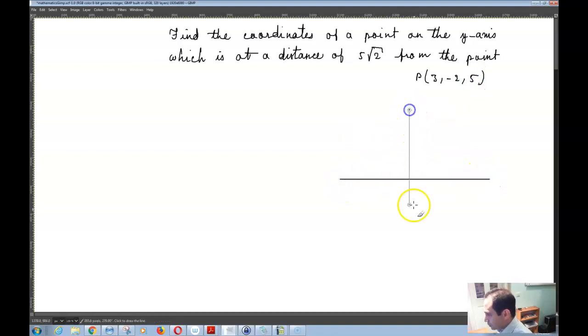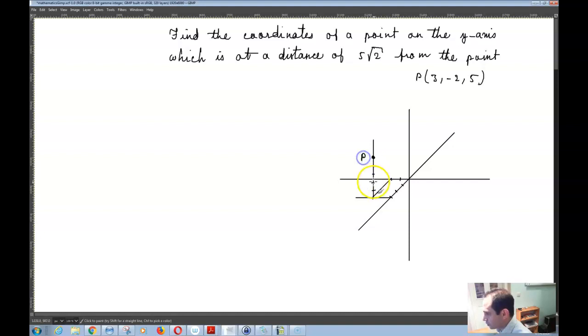Okay, so you have this point P which has these coordinates. I'm sorry, that's actually wrong. 3, negative 2, 5, so that would be 1, 2, 3, 4, and 5.